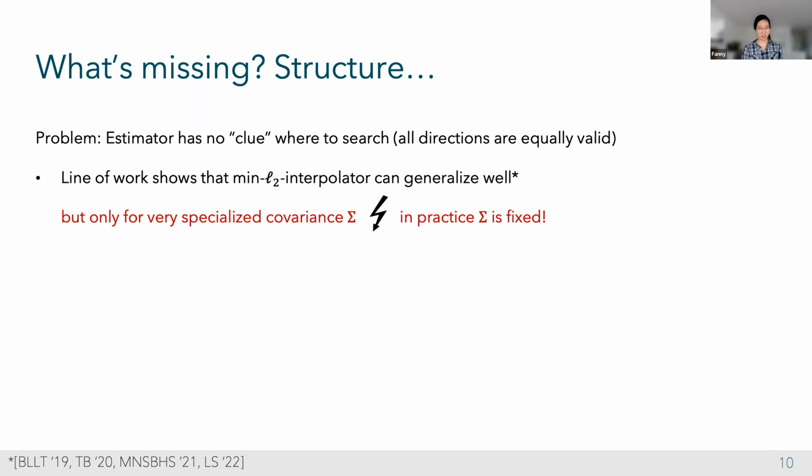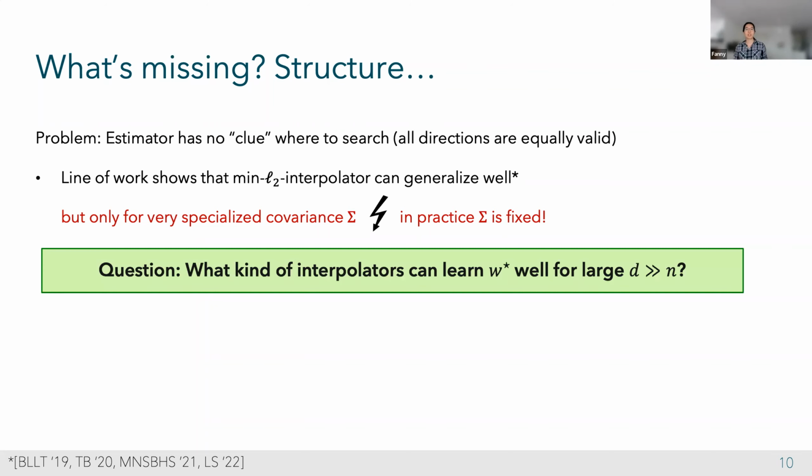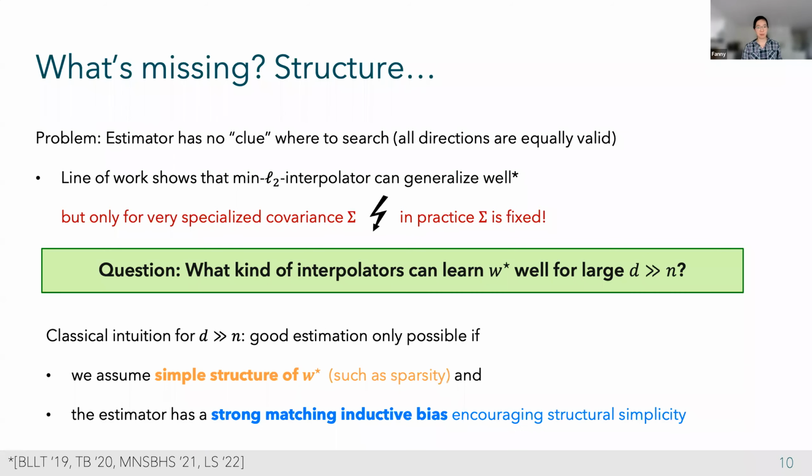let's just continue on this structural point and take a step back and ask the question: what kind of interpolators can actually learn the ground truth well if we are in very high dimensional settings? And of course, I'm mentioning structure, and a lot of the people in the audience are familiar with that.